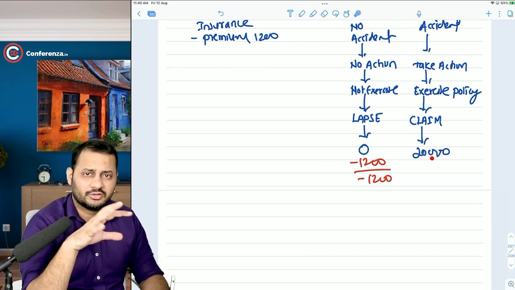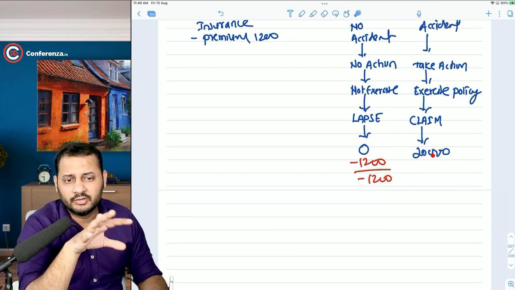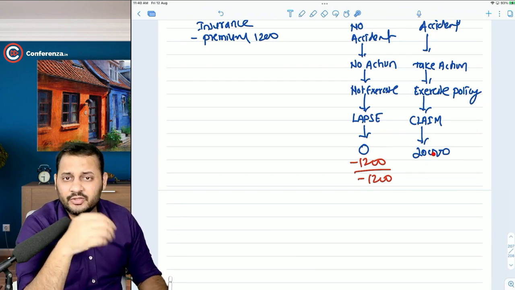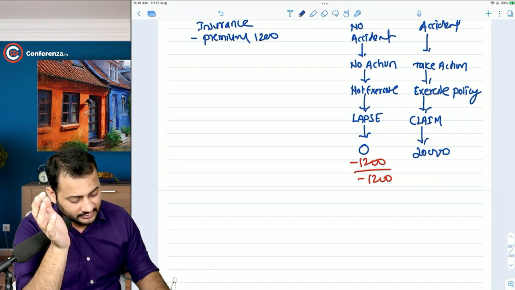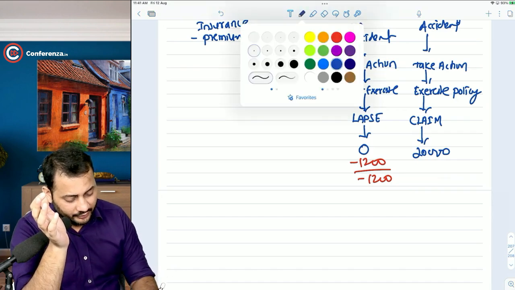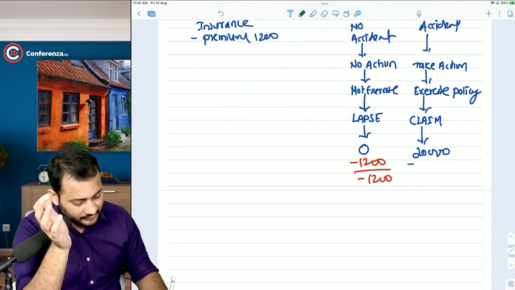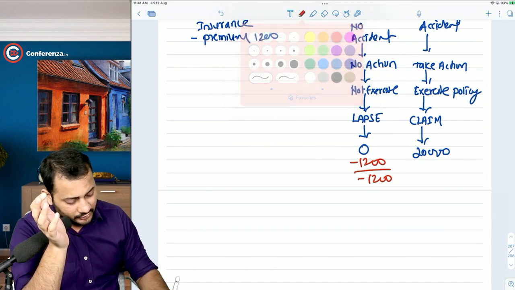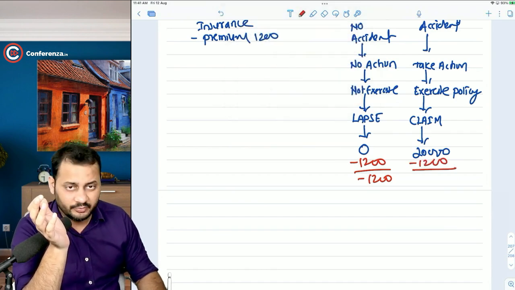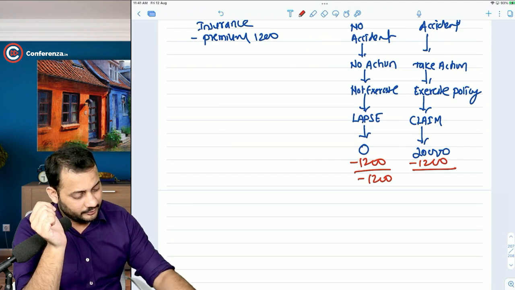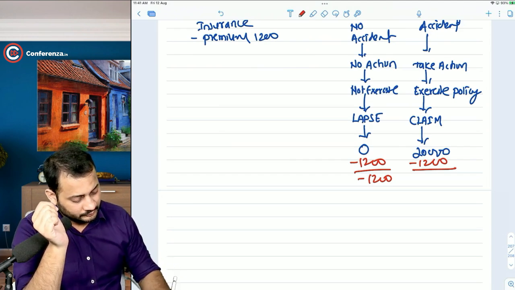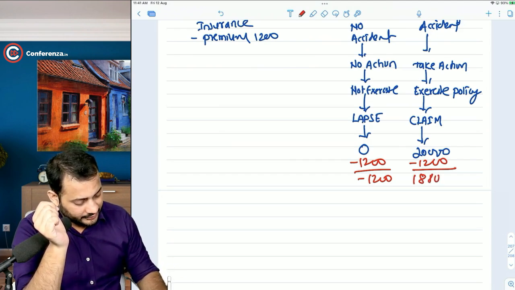So the loss was assumed and derived as 20,000 rupees, and you will get a claim of 20,000 rupees. That's the refund. So there is a profit to you in that case, and the premium that was a permanent expense in both the cases will be 1200 rupees, and the net profit is 18,800.